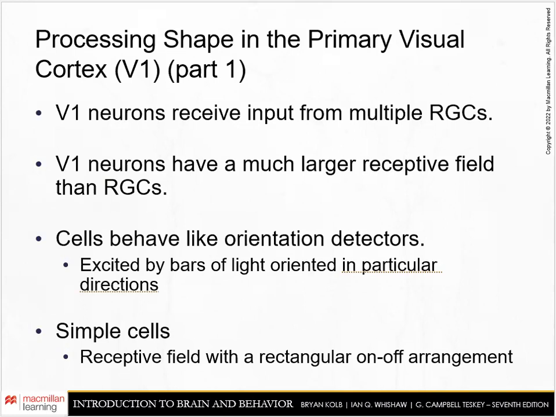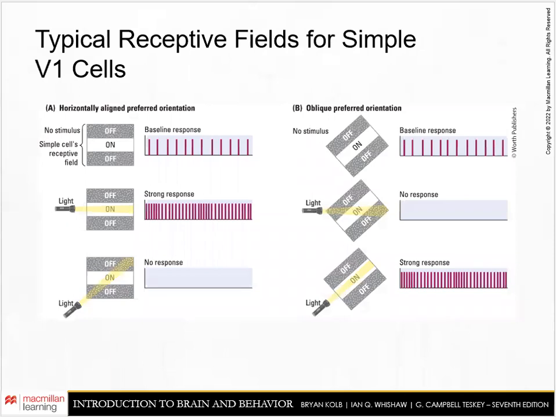There are also these simple cells in the receptive field with a rectangular on-off type arrangement. So simple cells respond to a bar of light in a particular orientation, such as A, where they respond to a horizontal direction, or B, where it's more of an oblique orientation.